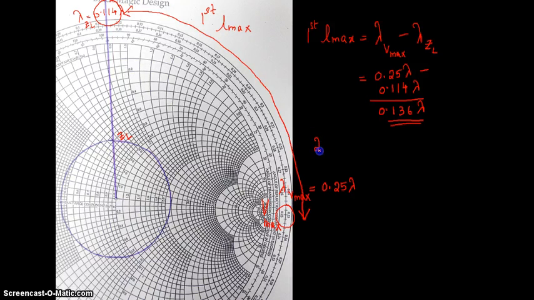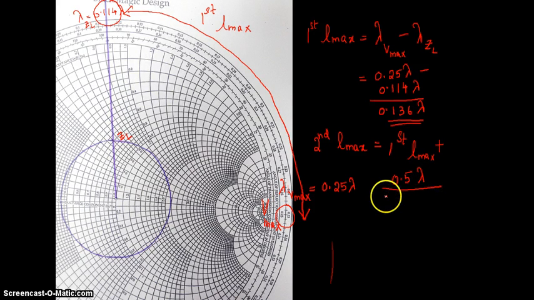Suppose the question is to find the second L maximum. Then from the load you will move clockwise, reach the first maximum, keep on moving clockwise, and come back here. That means this is your first L maximum, then you take one full circle and come back here. So it is first L maximum plus, as you all know, one full circle is 0.5 lambda.